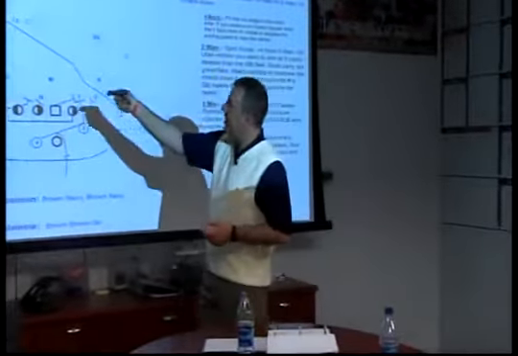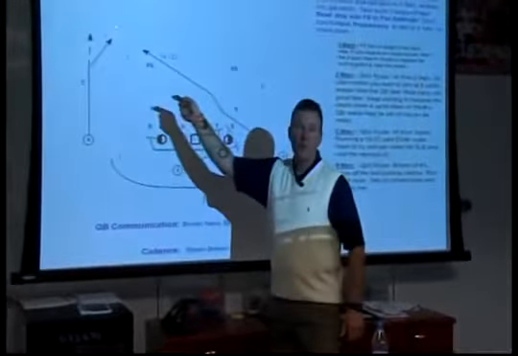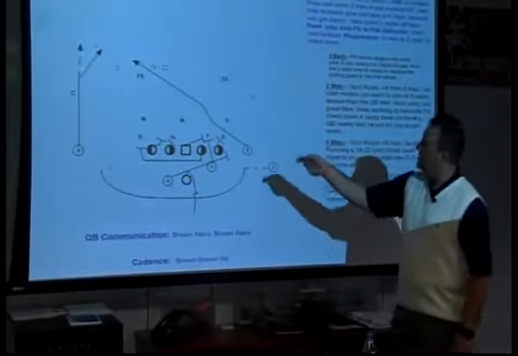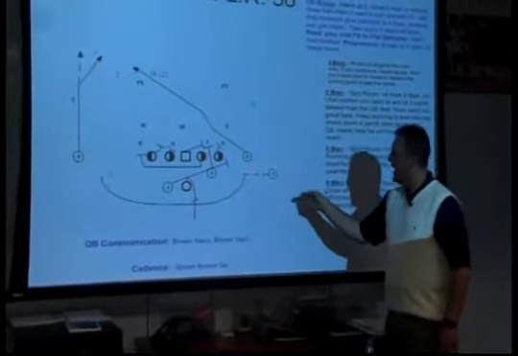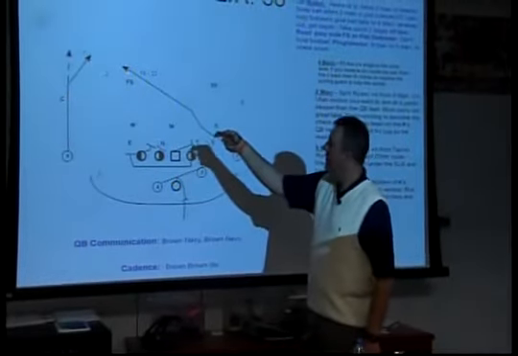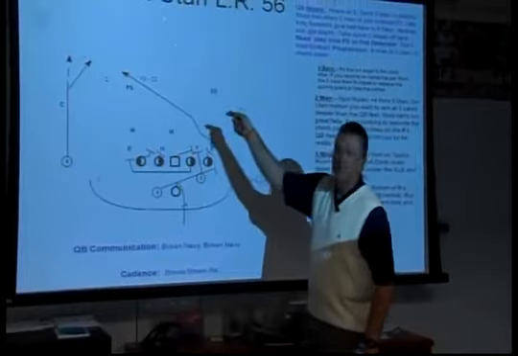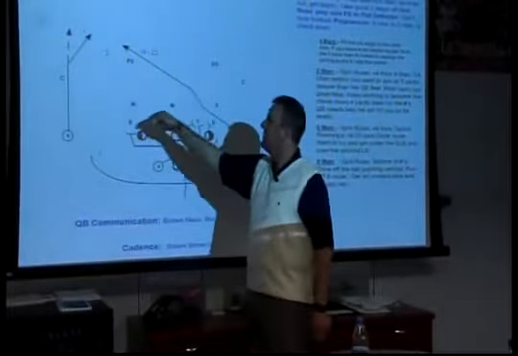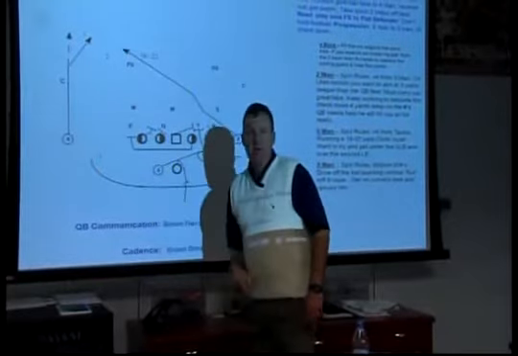If he's over the top, my climb route's open. I've got the corner taken care of. I'm going to get the corner down. He is an outlet for me. So if the corner stays high on the climb and the safety stays deep, well, there's true quarters coverage and they're staying deep on us, then he will be my check down.